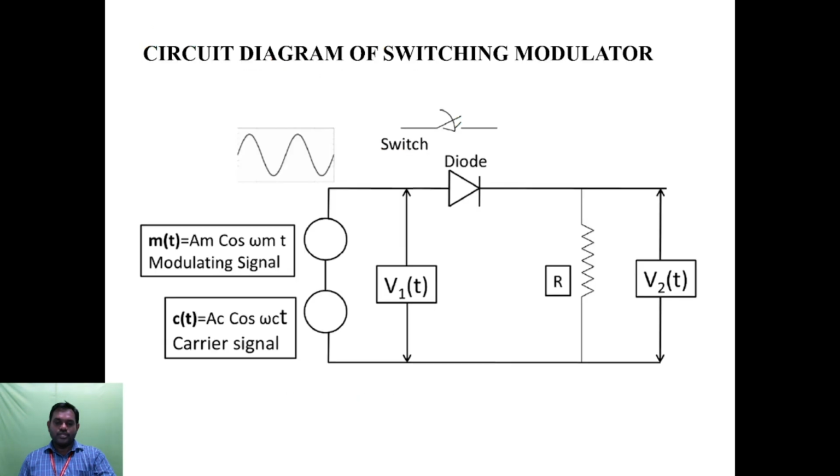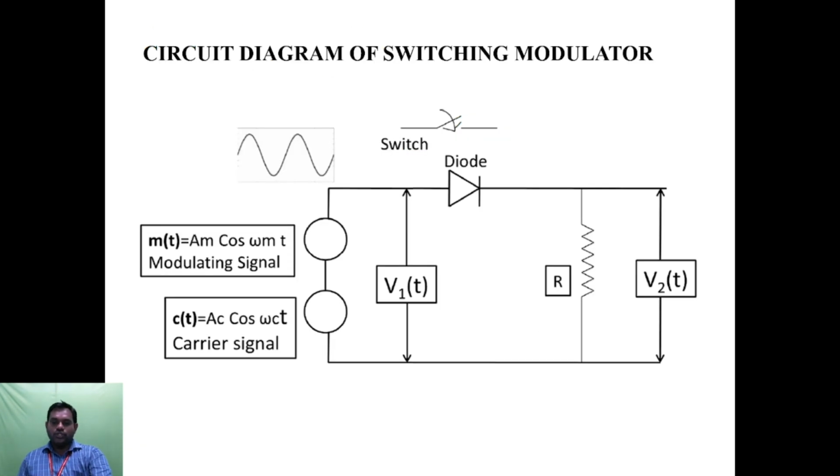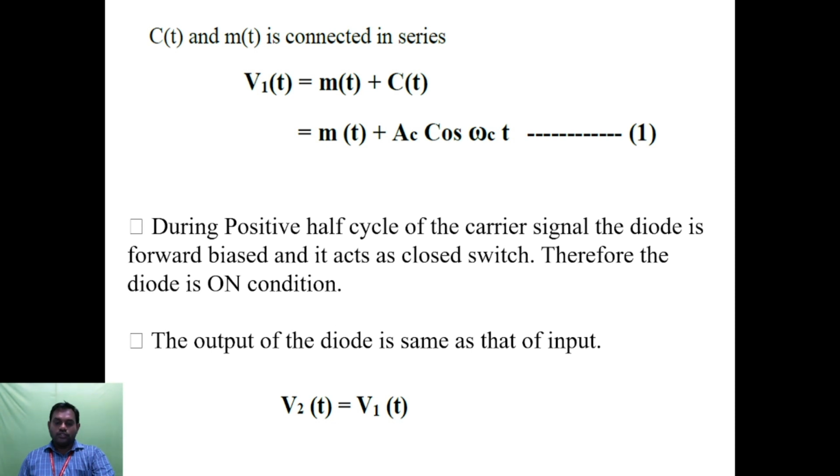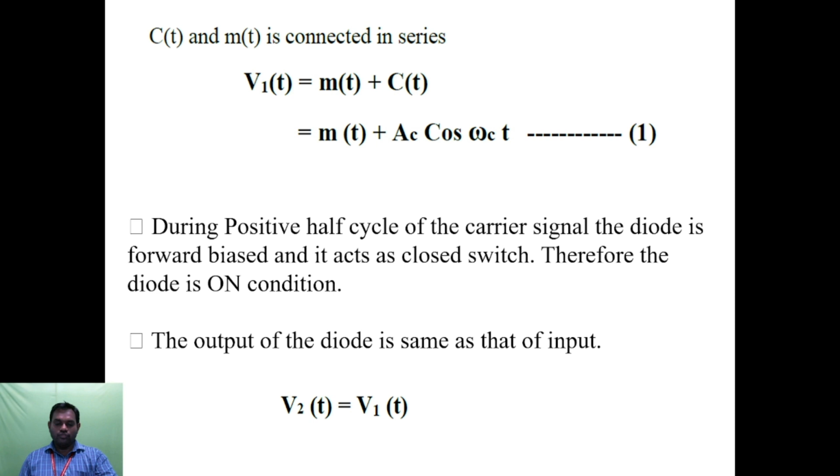In the positive half cycle, the diode is forward biased, which means the positive terminal of the diode is connected to the positive wave of the carrier signal. So the diode acts as a closed switch, which is the on condition. The output of the diode is the same as the input, so the total output across the diode is V2 of t equal to V1 of t.